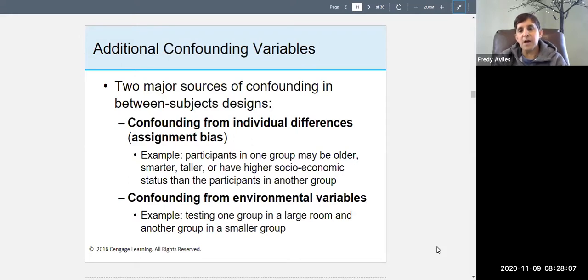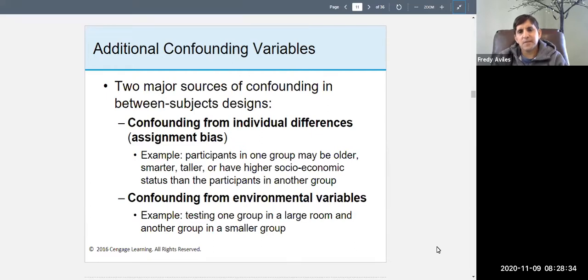But you can also have confounding from environmental variables. Confounding with things that are external factors. For example, you can test one group in a large room and another group in a small room. If you're testing the effect of alcohol on aggressive behavior, maybe being in a smaller room is more annoying, more frustrating, and that will affect the level of aggression.